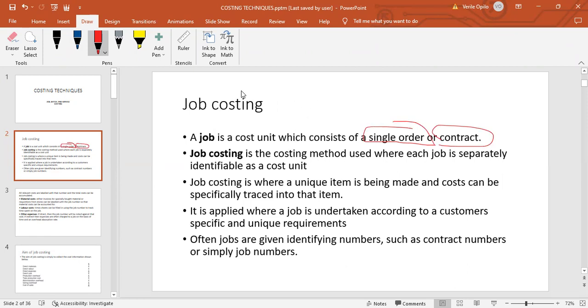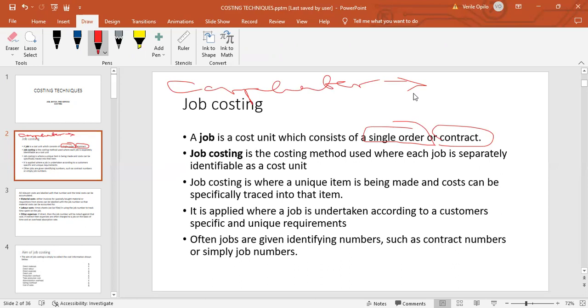So let's say, for example, you are a carpenter. For a carpenter, whose work is to custom make furniture for customers as they come in, each customer is going to come in with their specifications.